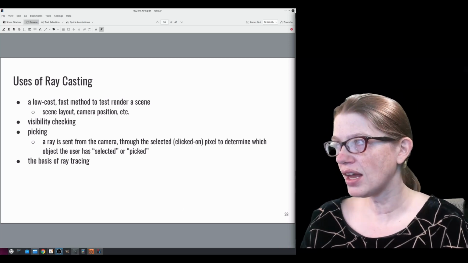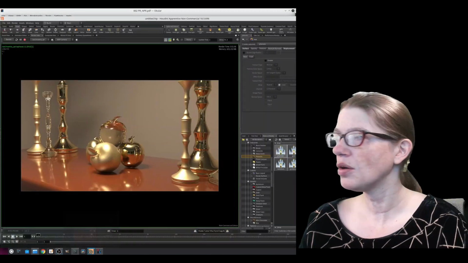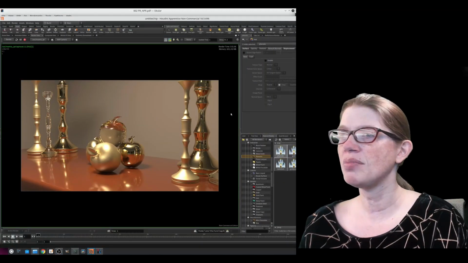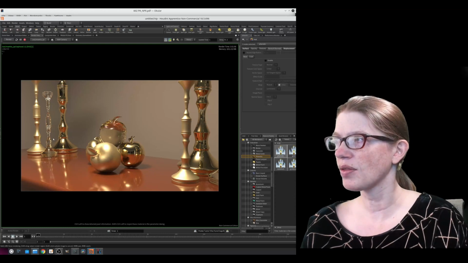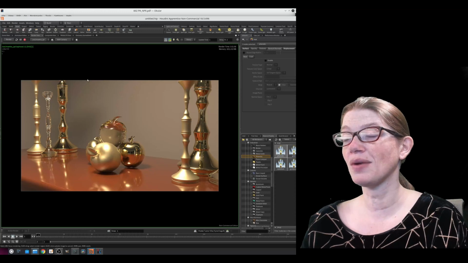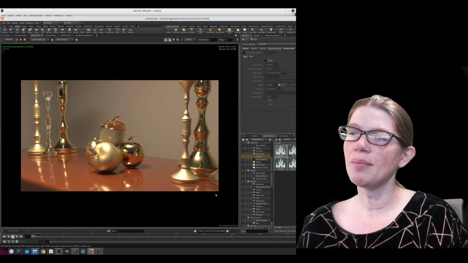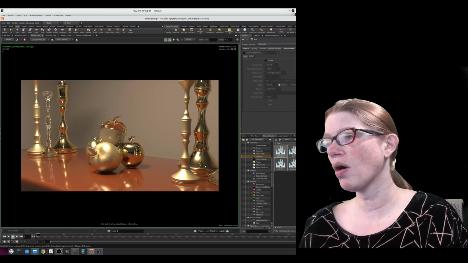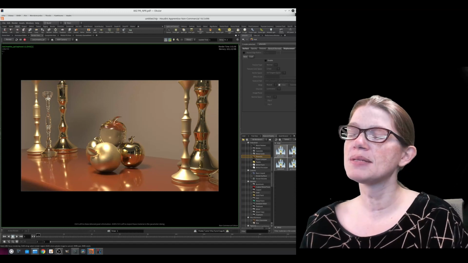And just to give you an example, I'm going to open Houdini up here. I have this image here that I've been tinkering around with briefly. This is actually a ray traced image. There's a number of very computationally expensive operations going on. For one, we have reflections.